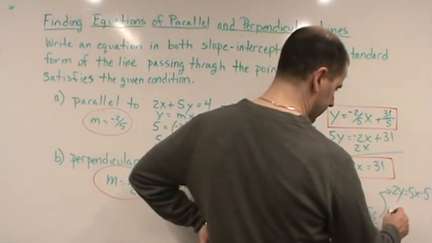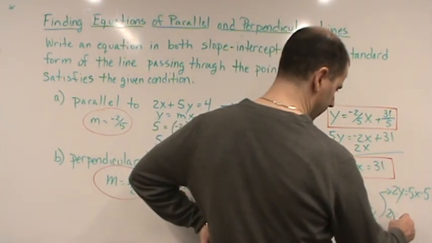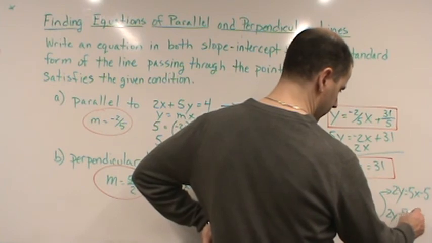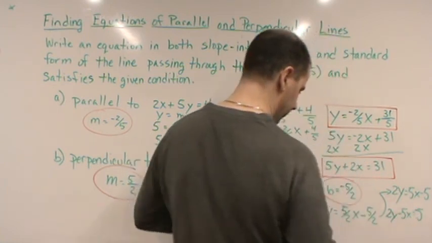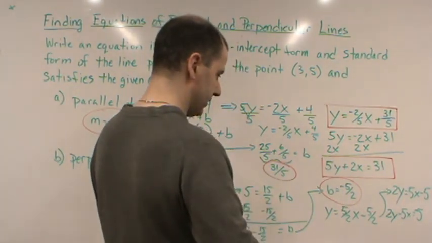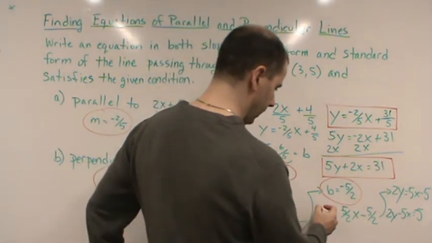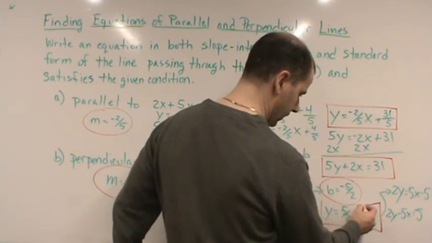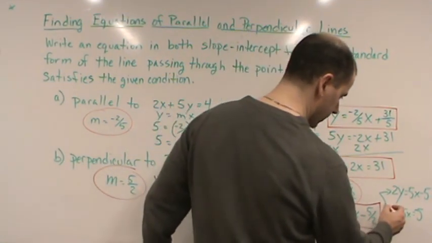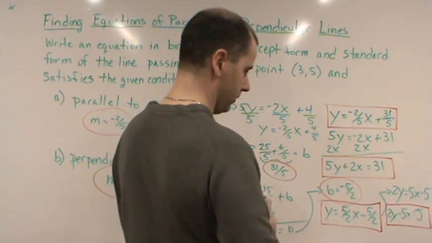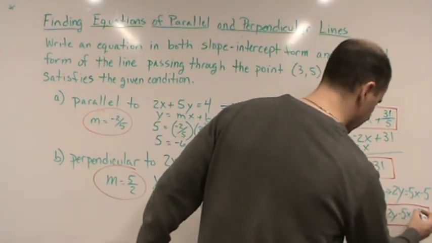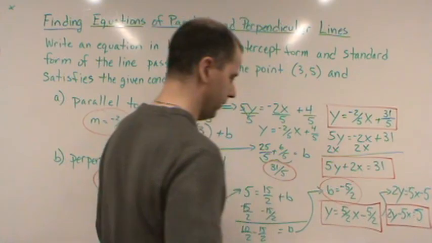So now we're going to write this as 2y minus 5x equals -5. And so now we got the standard form. Okay, so here's the slope-intercept form, and here's standard form. Okay, and that's it.